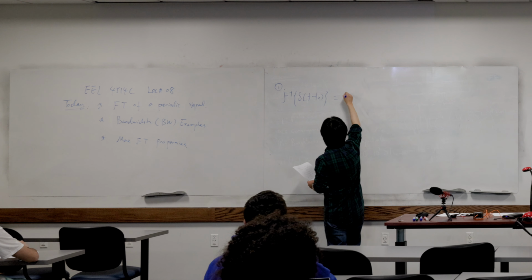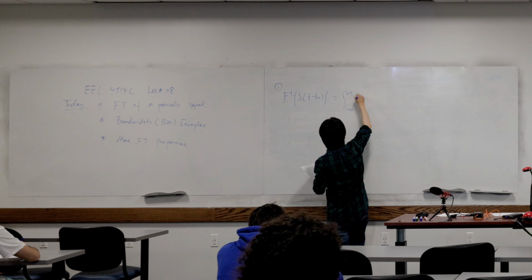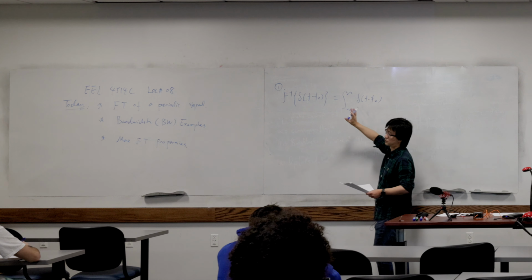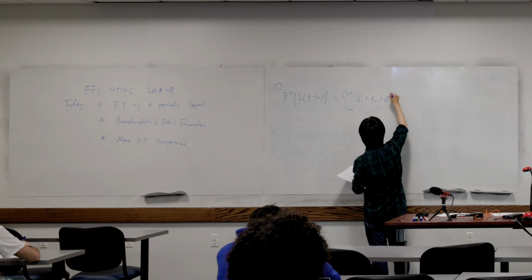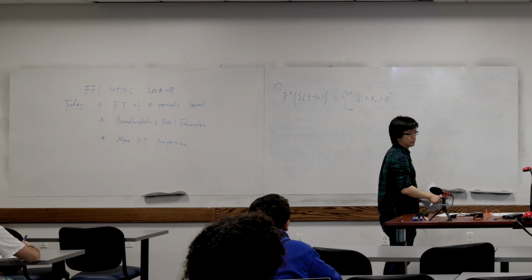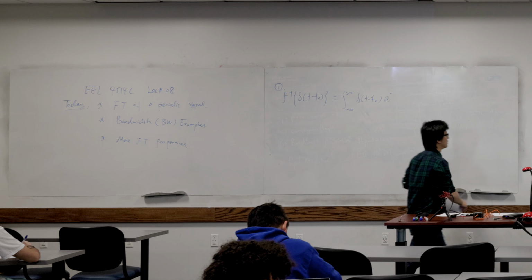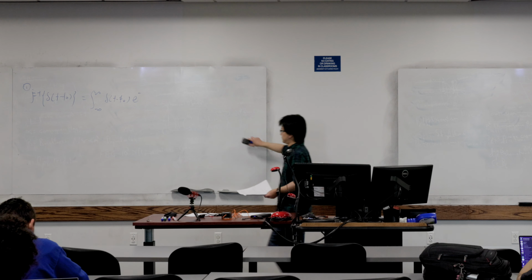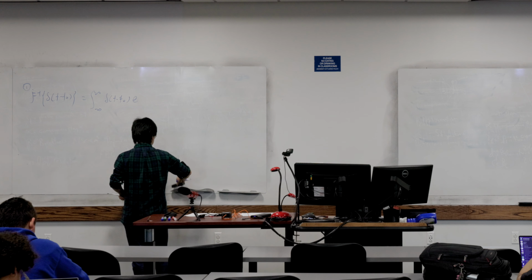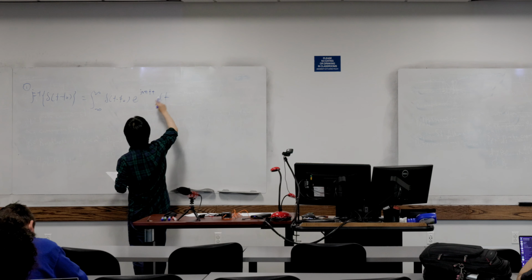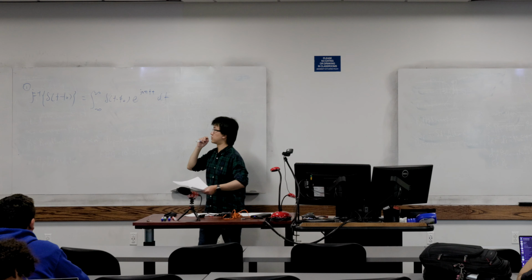We just use the definition to compute it, delta of f minus f naught. Be careful here because we're doing an inverse Fourier transform, so we don't have the minus sign. We need to avoid writing the minus sign. It's just e to the j2 pi ft df. This is the definition of the inverse Fourier transform.